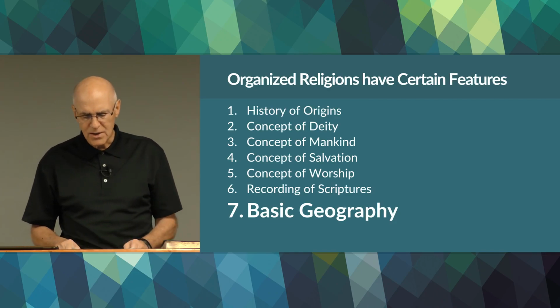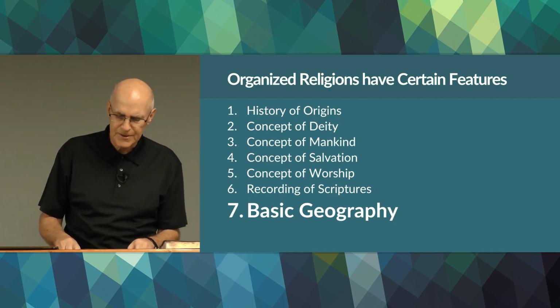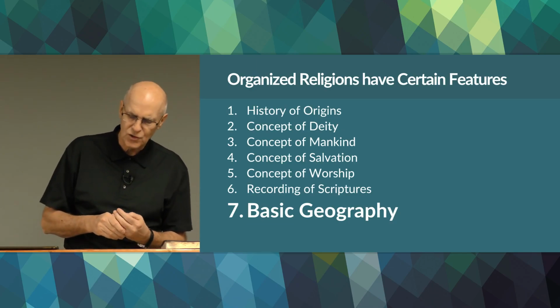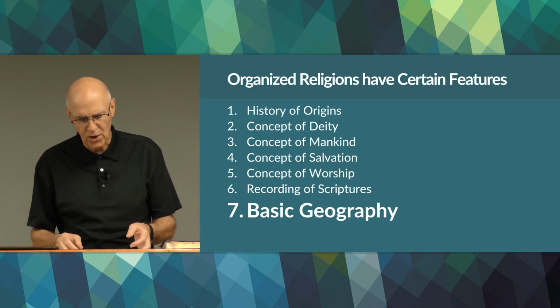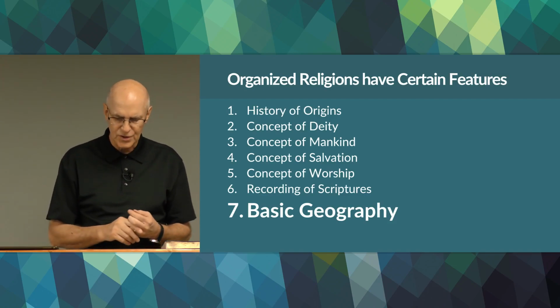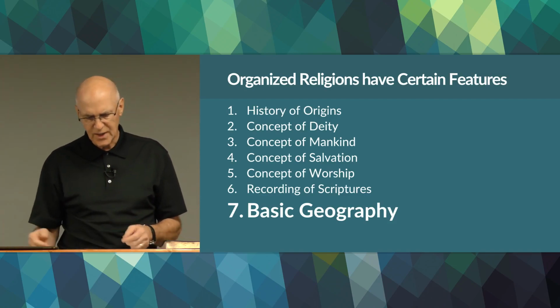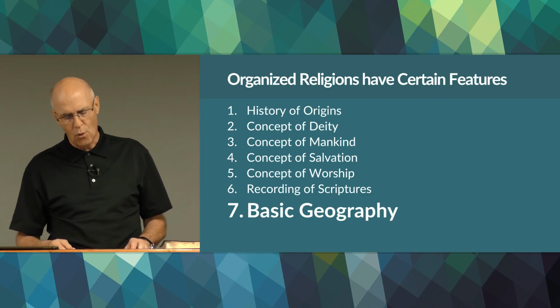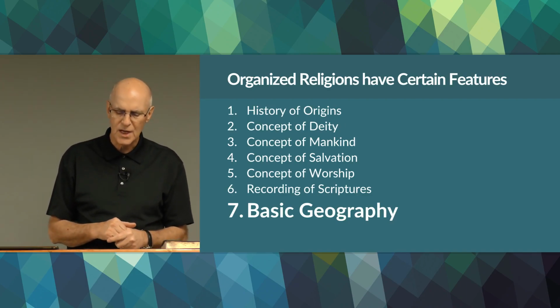Now, before we discuss the major world religions, I think it would be helpful to talk just for a moment about what are called primitive religions. These do not fit into the pattern of major organized world religions.